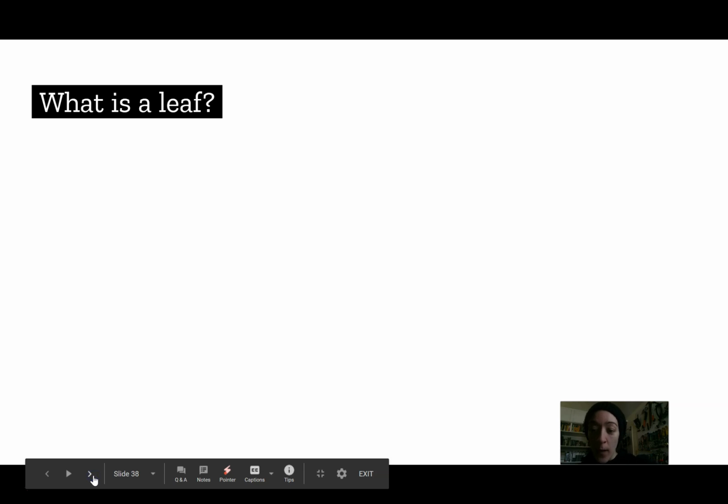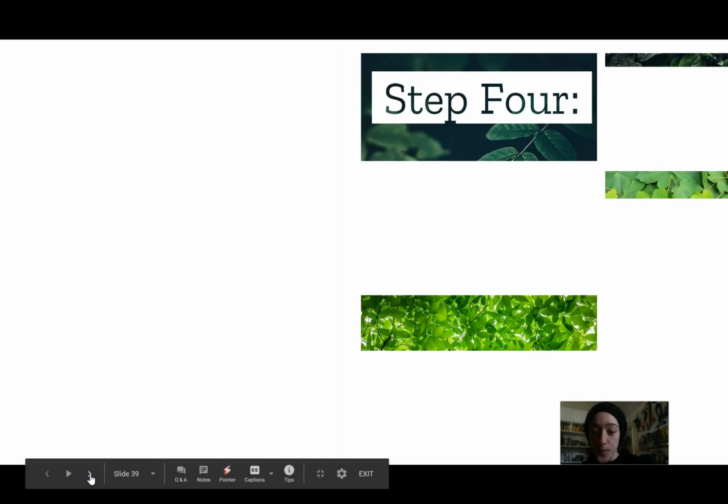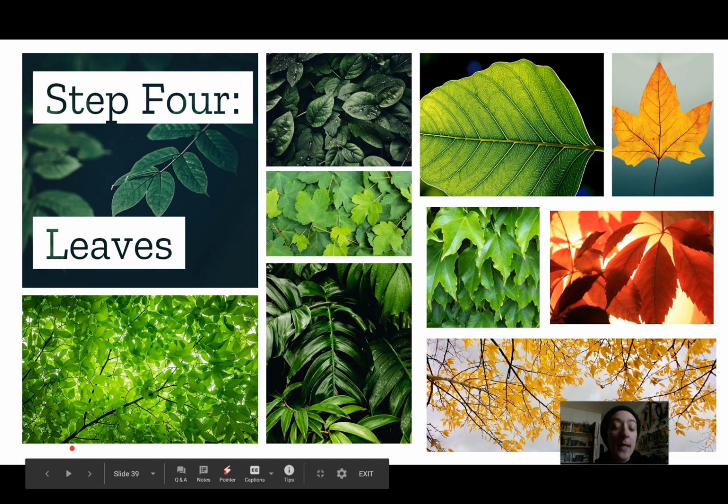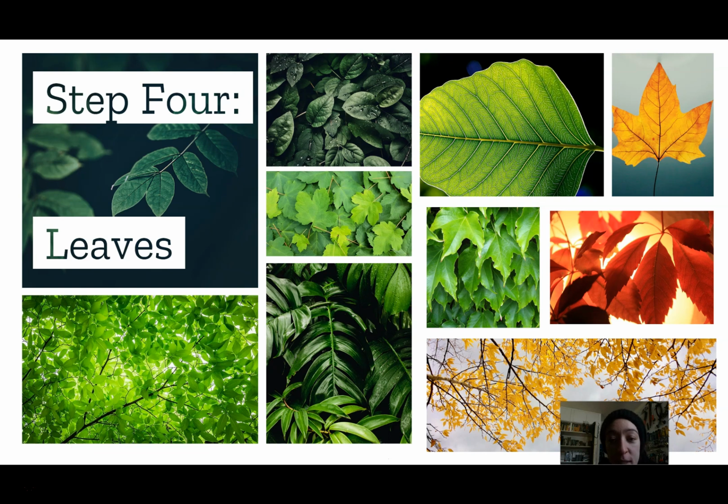So let's look at what is a leaf. Here are some pictures of leaves. I know you have seen leaves before, but here are some pictures of the different sizes, shapes, and colors. You'll see that most of them are green, and most leaves will be green throughout their life.